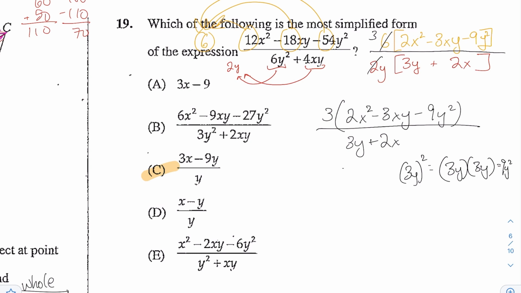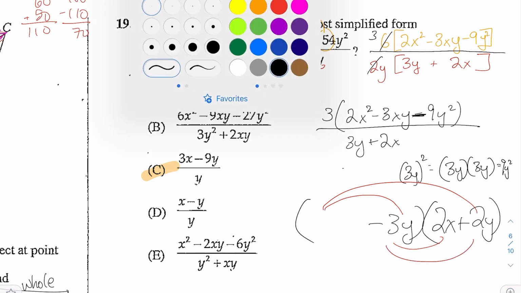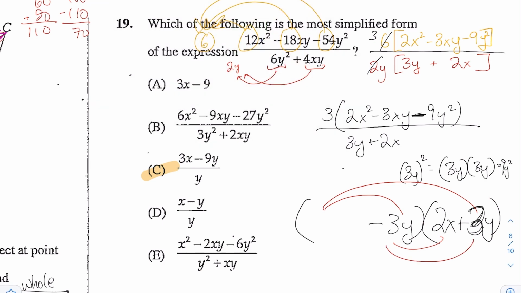So if you have a negative, you're going to want a minus 3y as one of the terms. Remember, you're trying to divide and get rid of the denominator, because we're guessing that maybe it is a factor. So when you do the factoring, which is the reverse of FOILing, the negative 3y times the positive 3y will be the negative 9y squared there.